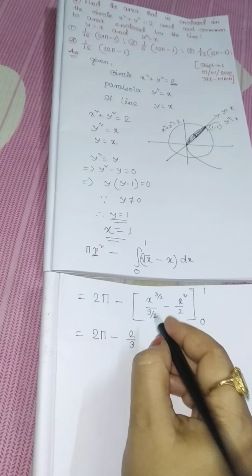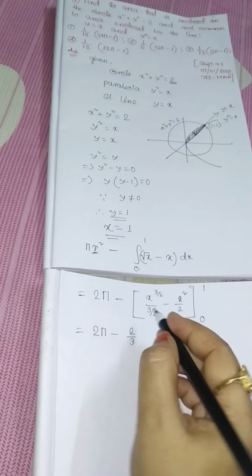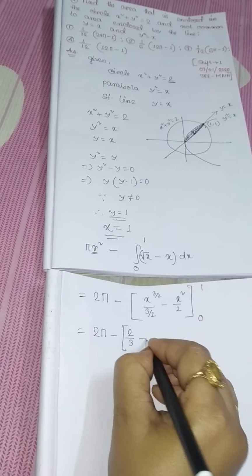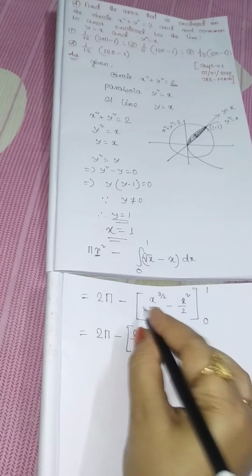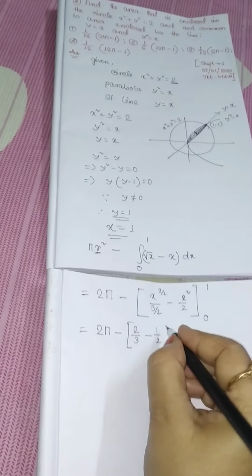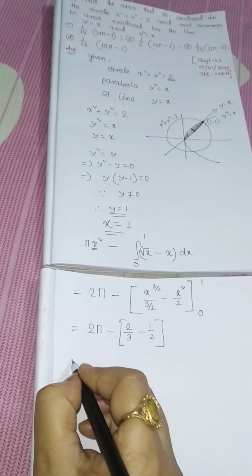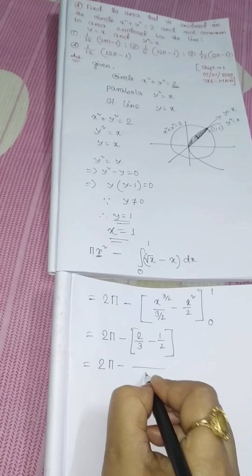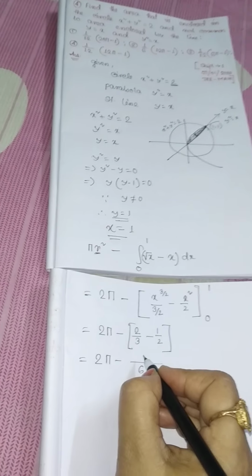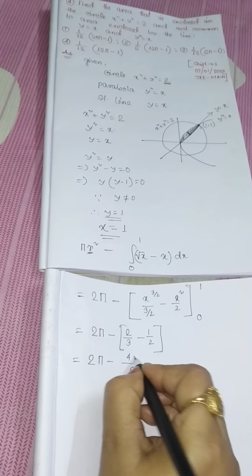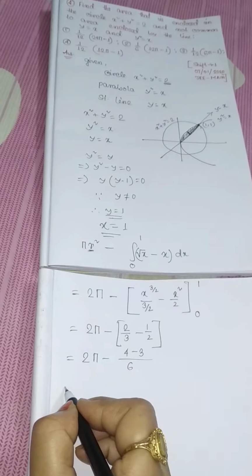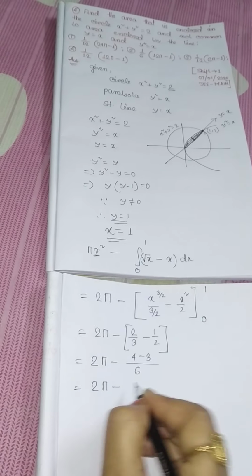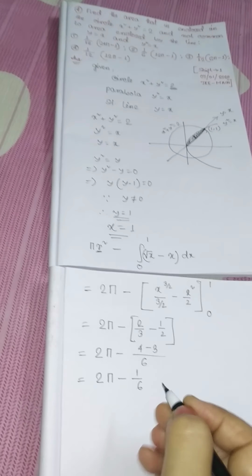That is equal to 2 pi minus 2 by 3, 1 to the power 3 by 2 means 2 by 3, minus half, and applying the lower limit, it is 0. So 2 pi minus this is 6, and 4 minus 3, it is 2 pi minus 1 by 6.